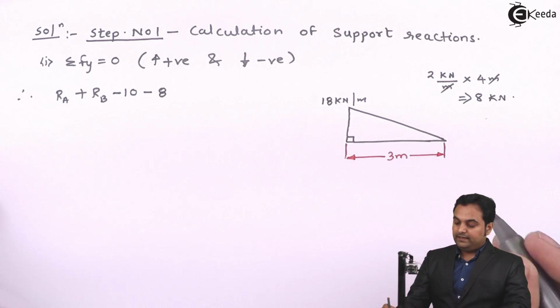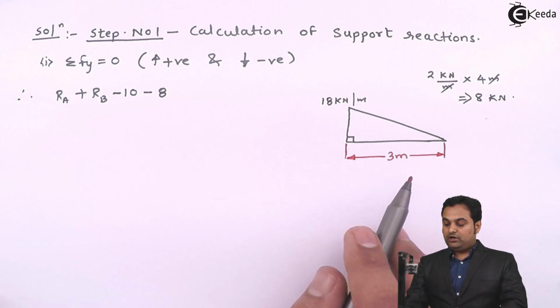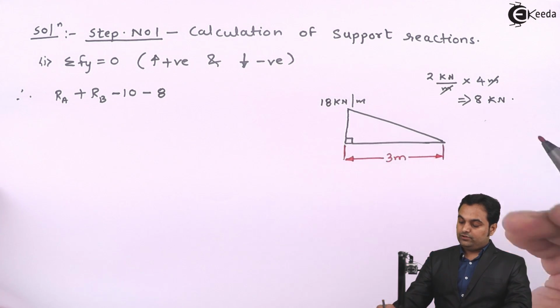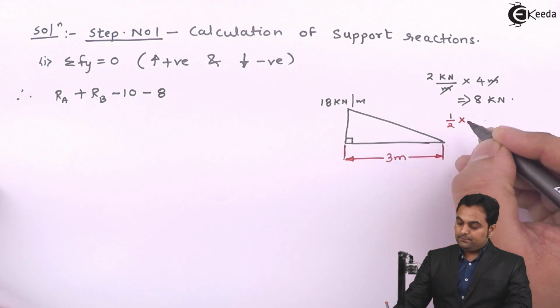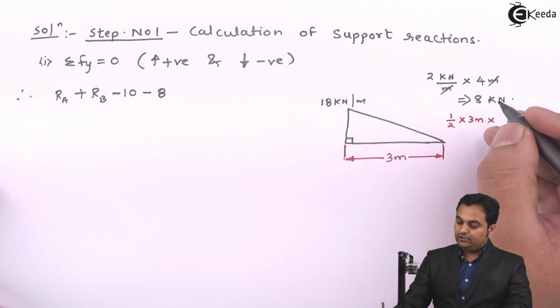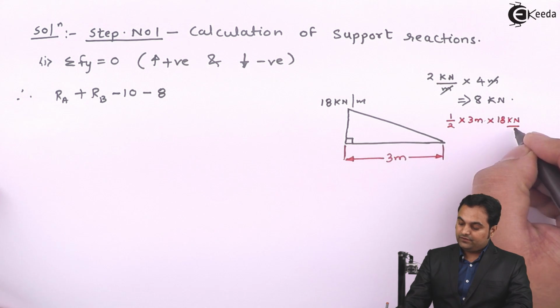So now I need to convert this UVL into point load. How will I convert this? Since it is a right angle triangle, the conversion will be half into base, which is 3 meter, into height 18 kilonewton per meter.